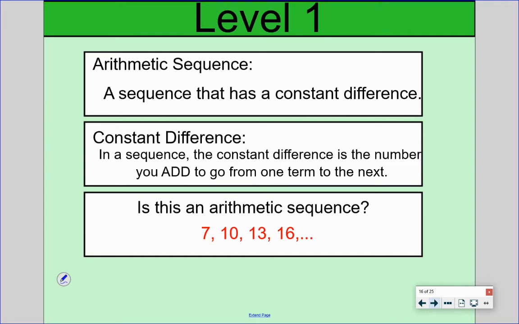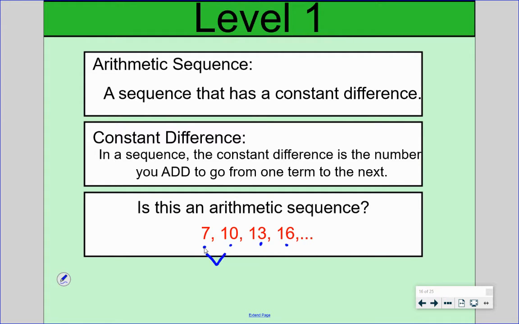Here's an example, and I'm going to ask you, is this an arithmetic sequence? Yes or no? Well, let's look at it. This first term is 7. The next term is 10. The next term is 13. The next term is 16. Was there a constant difference from one term to the next?